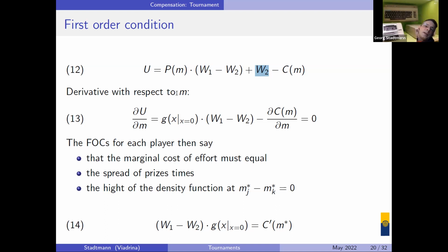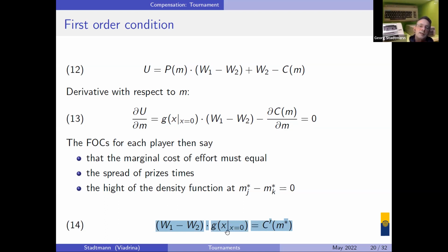So let's take the derivative of this utility function with respect to m. When we differentiate, we get this g function times W1 minus W2, and then the derivative of the cost function with respect to m. This derivative has to be set equal to 0. And hence we get this first order condition displayed in equation 14, when we put minus del C del M on the right-hand side of this equation.